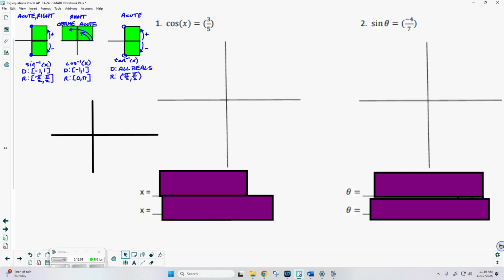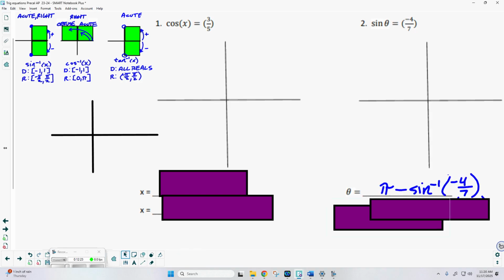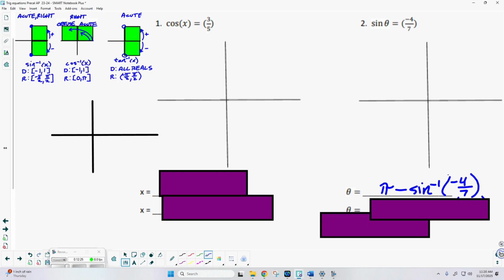Yeah, because the binomial itself represents your angle, so you want to have the angle plus or minus those intervals. Oh, like what he was talking about? So he was saying, if you wanted to find multiple solutions, not just on the interval from 0 to 2 pi, like for this one here, because pi minus sine inverse of negative 4/7, that's one of your angle answers.